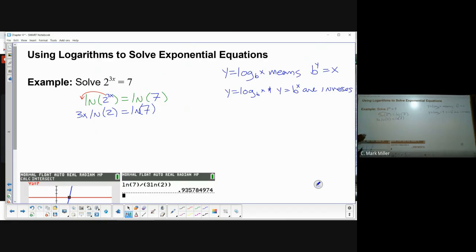Okay. So 3x is log of 7 divided by log of 2. So x is going to be that divided by 3.